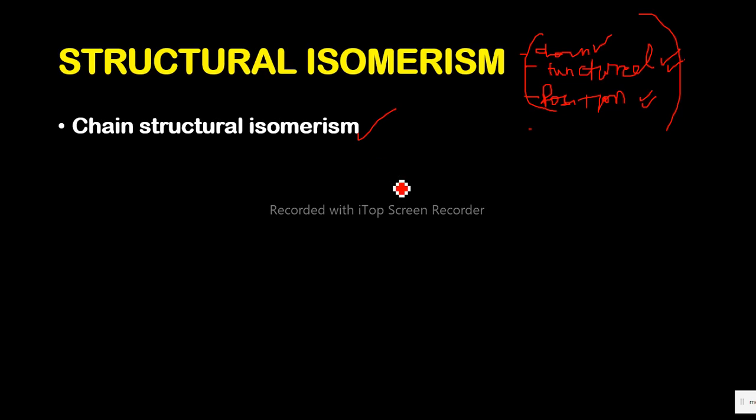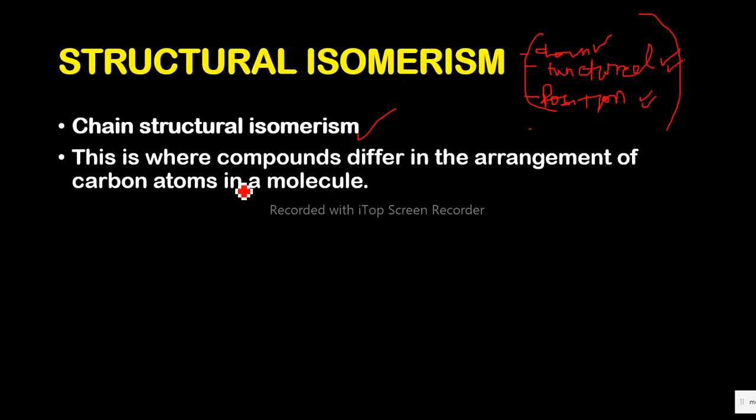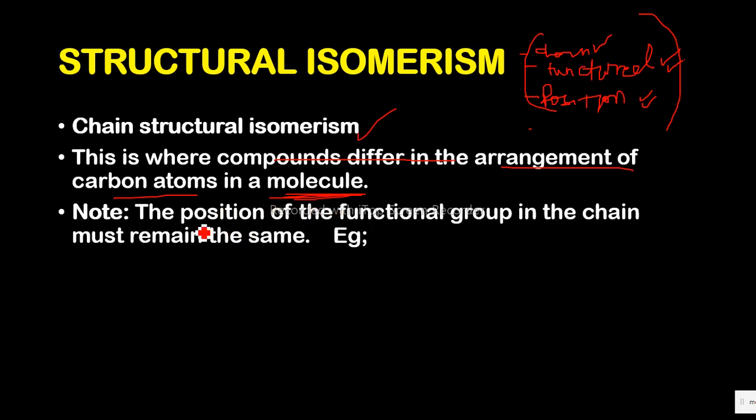So chain isomerism is where compounds differ in the arrangement of carbon atoms within a molecule, and so you form different structures. The position of the functional group must remain the same. Otherwise, if you change the position of the functional group, it becomes position isomerism.